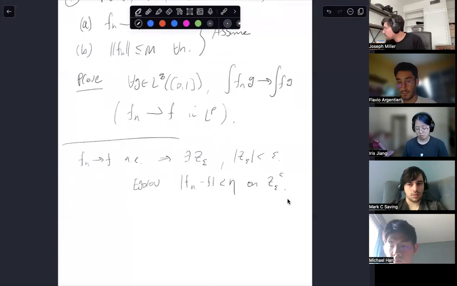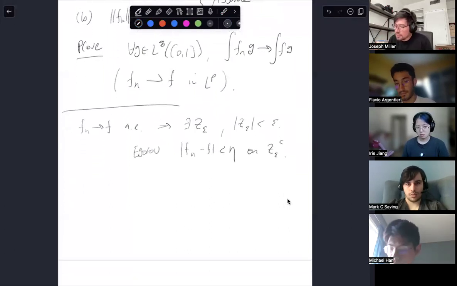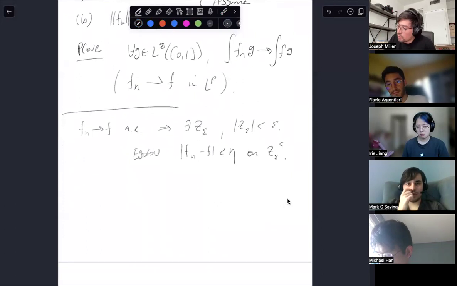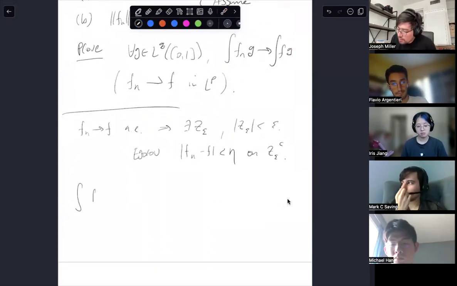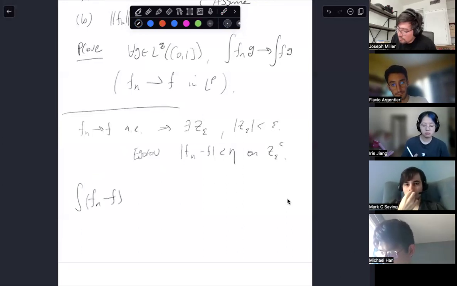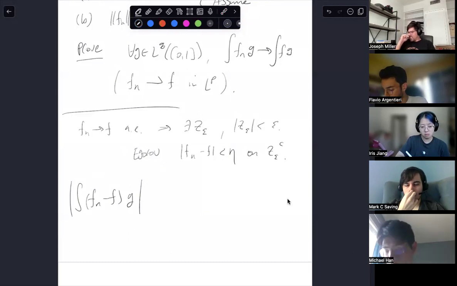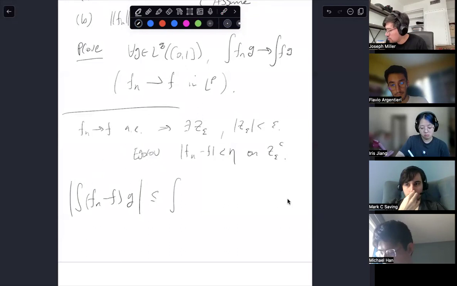Okay, cool. So what we'll need to do in order to control this quantity is I write the integral of this times g, take its absolute value. So I need to control this quantity. The way I do this is I break it into two sets.